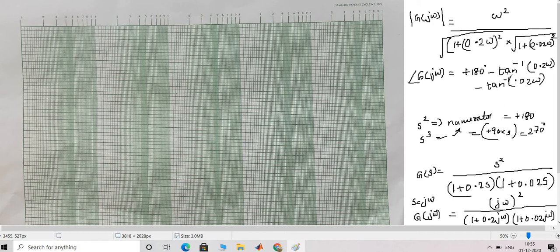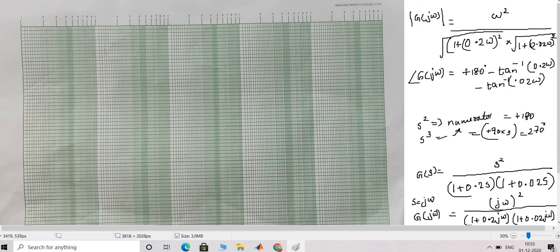Here there are two zeros at the origin, corresponding to s², so the maximum phase angle contributed by the two zeros will be +180.